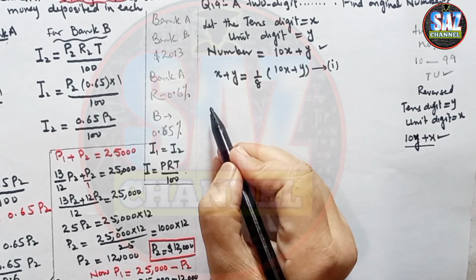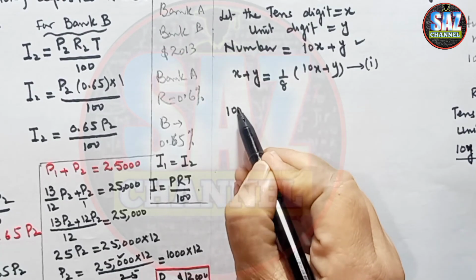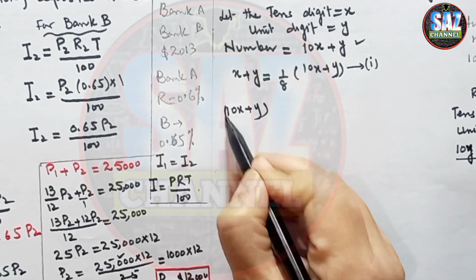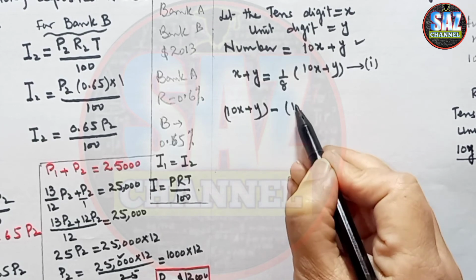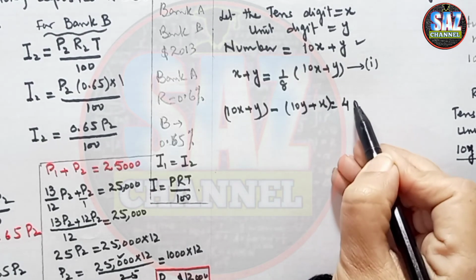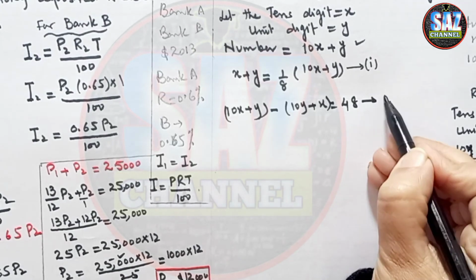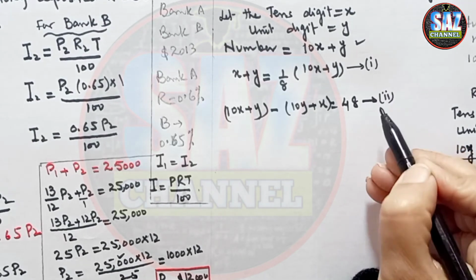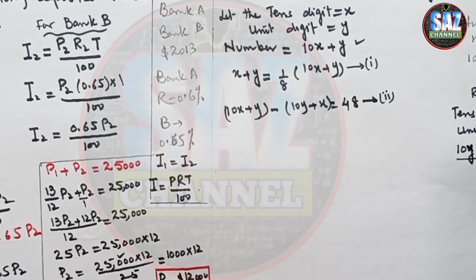Then the equation will take the form 10x plus y minus (10y plus x) equals 45. This is really important to understand, because this type of question you can find in the past paper, simultaneous equations and numbers as well.